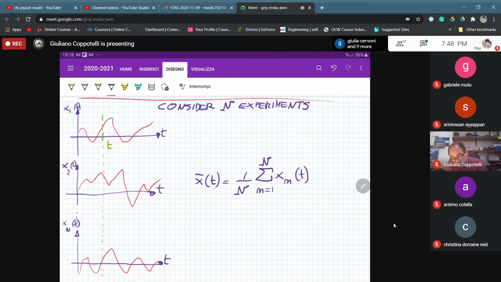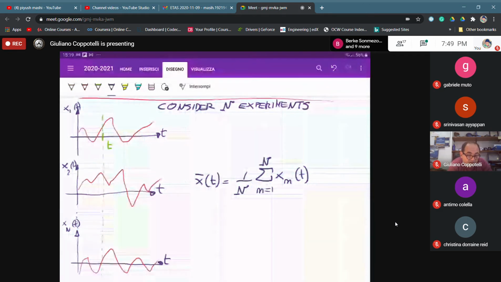Where n is the number of experiments once again, and x_n, x with the subscript n, corresponds to the value of the nth experiment at time t, referring to a specific parameter, a specific physical value.